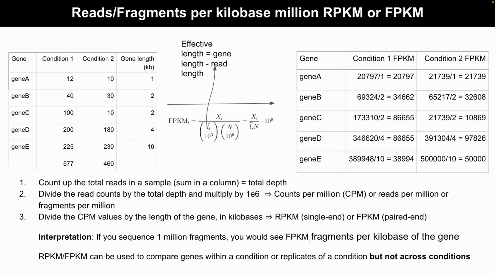Colloquially, they could be called reads per kilobase million, or fragments per kilobase million. It's called reads if it is single end, and fragments if it is paired end, but for all other reasons, they are basically practically the same.